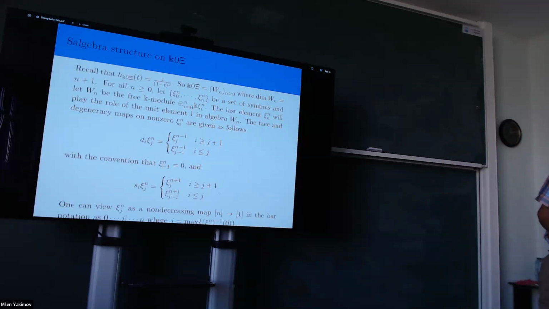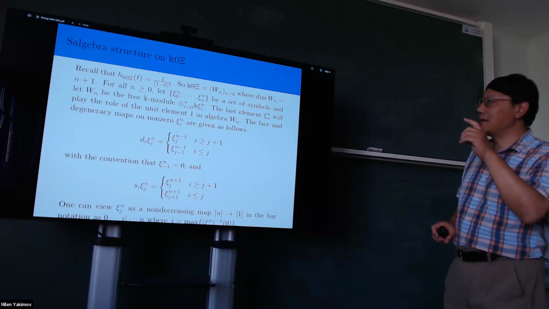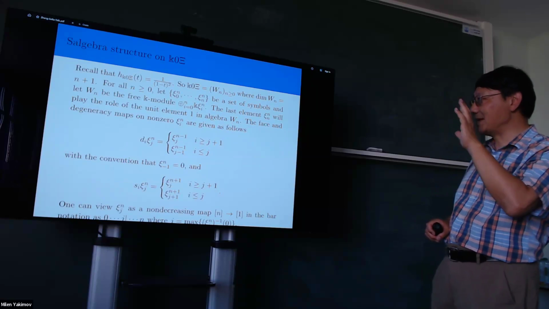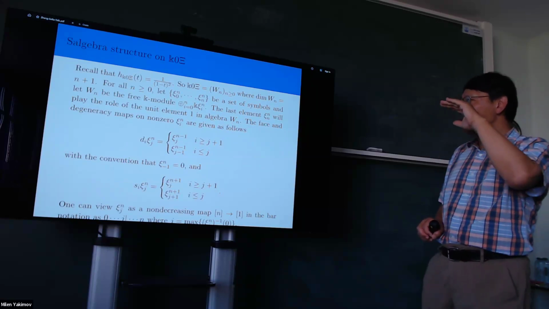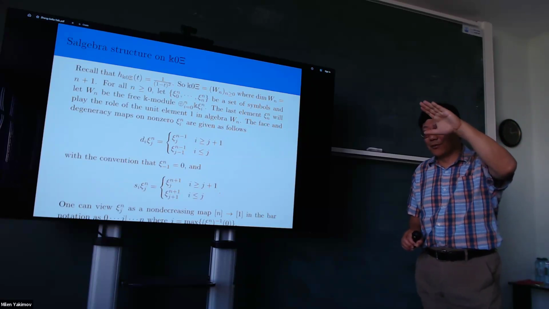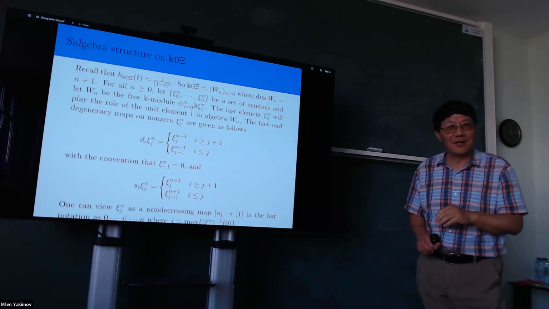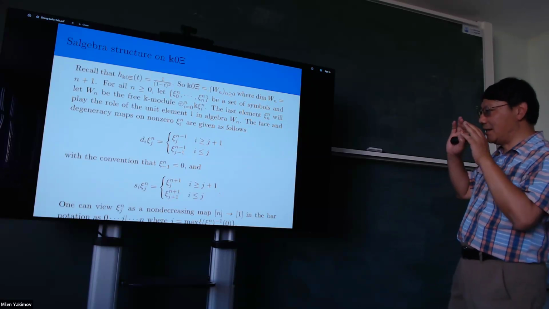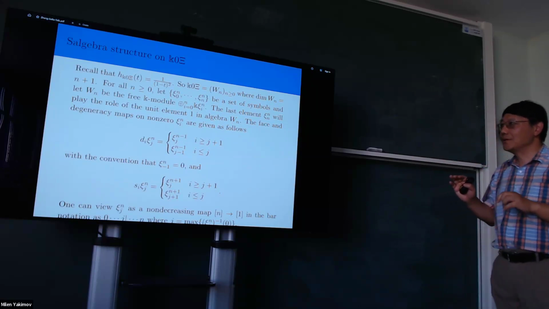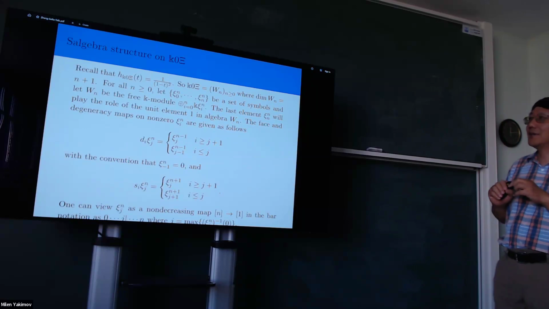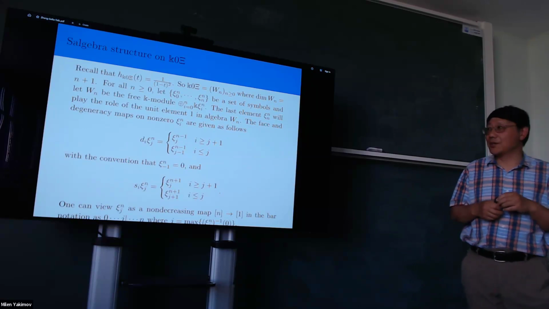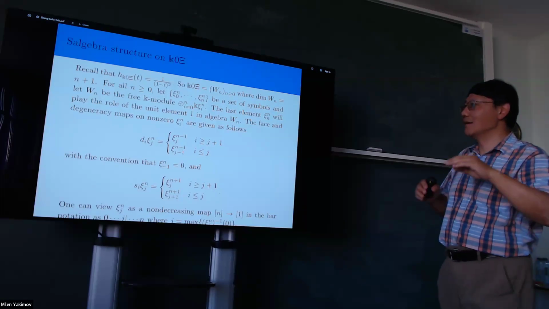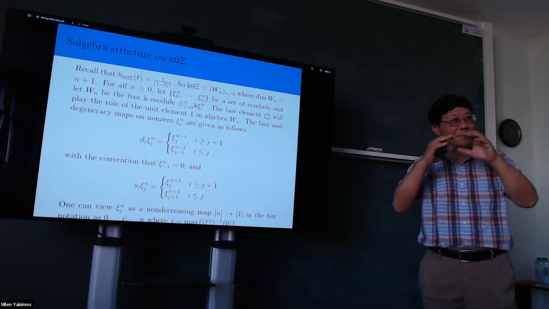So the next one is K0 psi. At each level we have a different algebra. So this is a precise construction of the S algebra structure. For each level, we first need to say what the simplicial structure is.